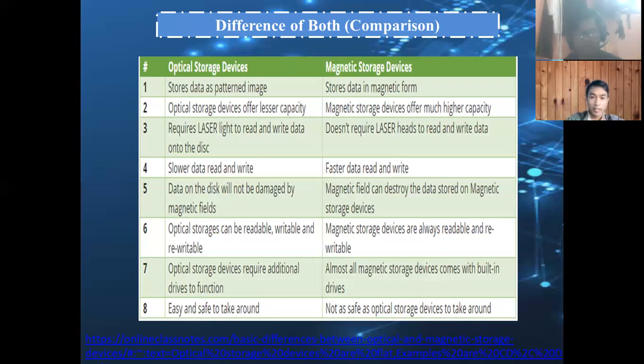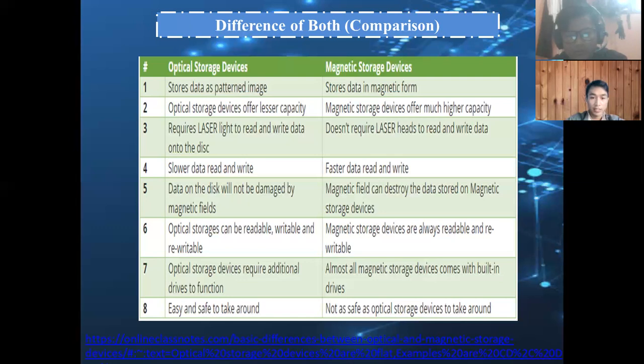Optical is slower to read and write data, and magnetic is faster. Optical data will not be damaged by magnetic fields, but the data stored on magnetic storage devices can be destroyed.